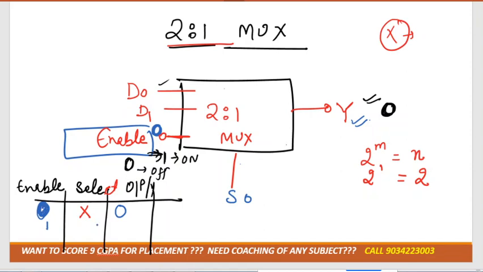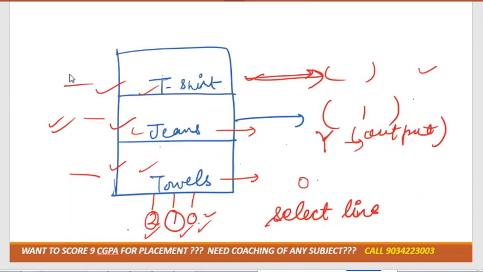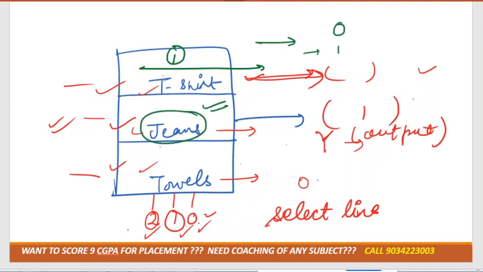Now the enable pin is 1 and the select line is 0. Then the output will always be D0. And if the enable pin is 1 and the select line is 1, the output would be the second input, that is D1. Remember I told you the example of the t-shirt and jeans? If I select 0, I get what is in the first box, and if I select 1, I get what is in the second box.